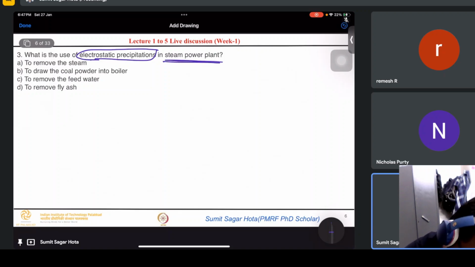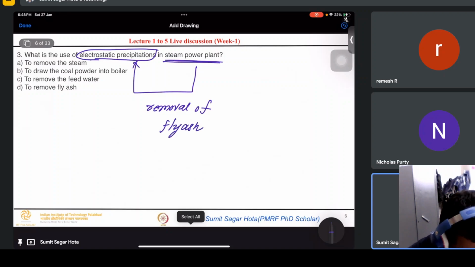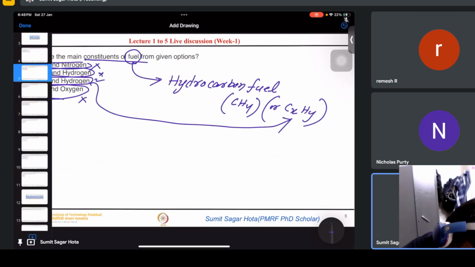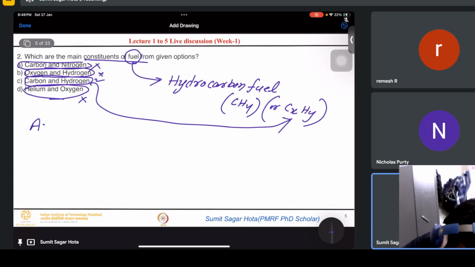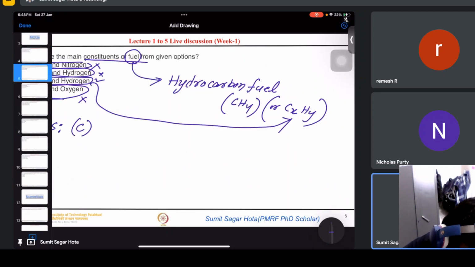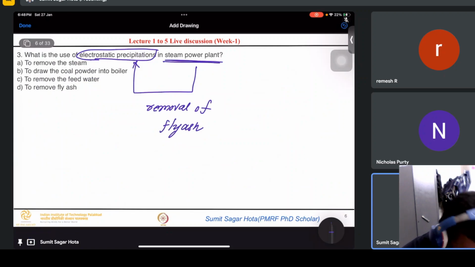For removal of fly ash. Remove the fly ash.